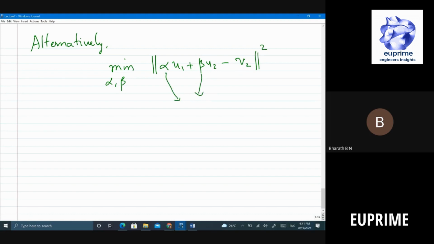If you plug in that alpha and beta and get alpha u1 plus beta u2, that's the projection vector of v3 onto the span of v1 and v2, or u1 and u2 for that matter. You take the difference and normalize it, you get u3. Keep on doing that. So what is projection now? Projection attempts to do this. This is projection. Okay, I think I should teach you one more thing.